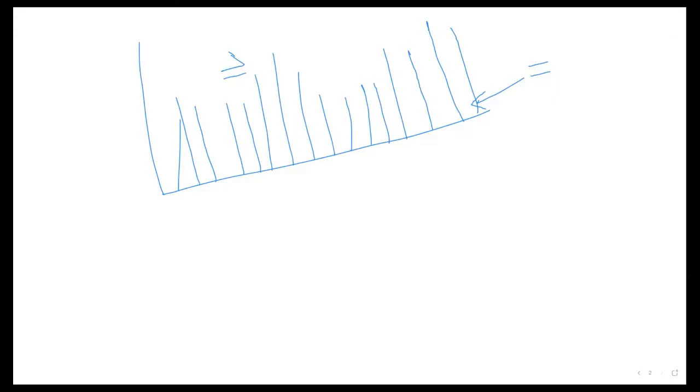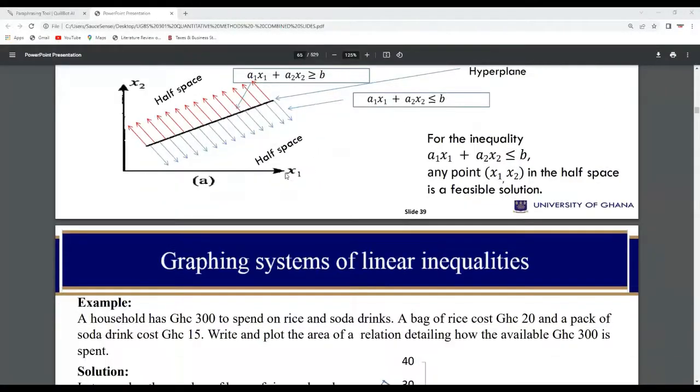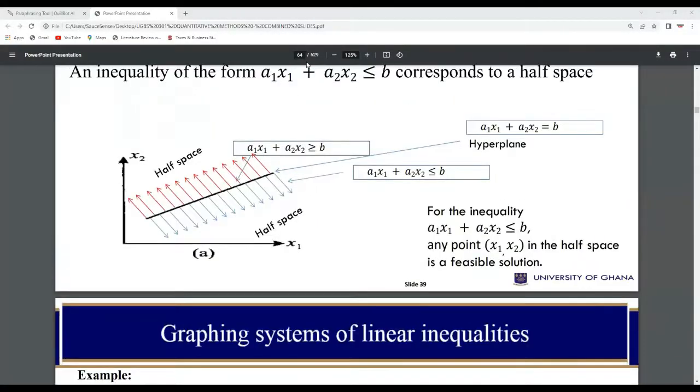So that's what they've done here. The greater than, you shade upwards. So that's what they've written, greater than or equal to. You shade upwards. Then the black line in the middle represents the equal to.